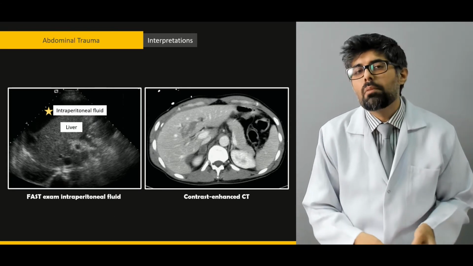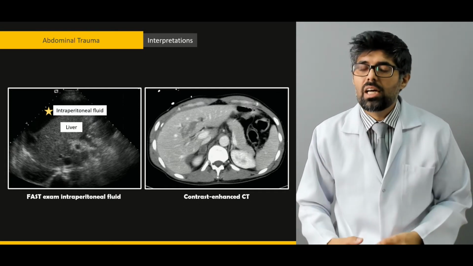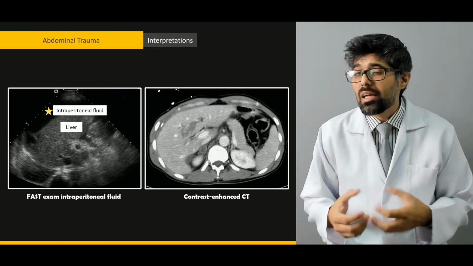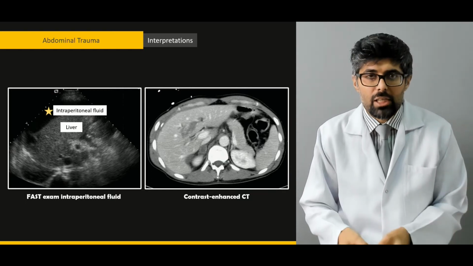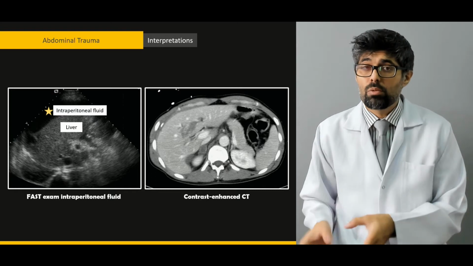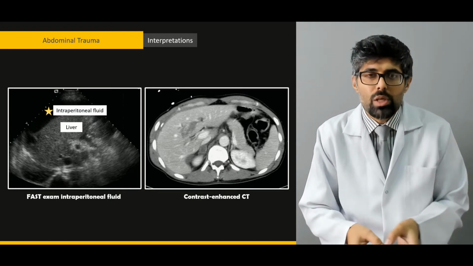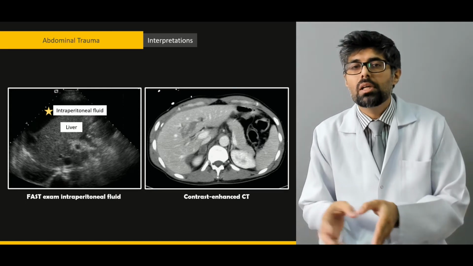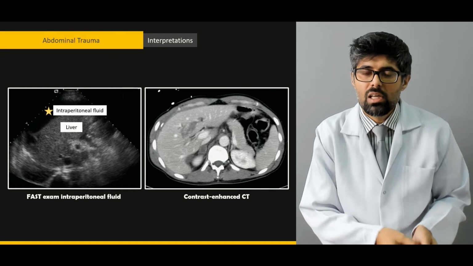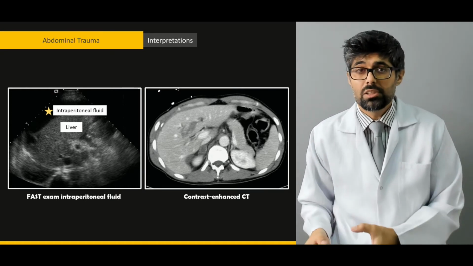Now, FAST examination can tell us that there is hemorrhage inside the abdomen, but it cannot tell us the actual site of hemorrhage, the actual site of the bleeder from which the hemorrhage is happening. For that, we need to perform contrast enhanced CT scan, but in arterial phase. And in arterial phase, it will tell us where that bleeder is.